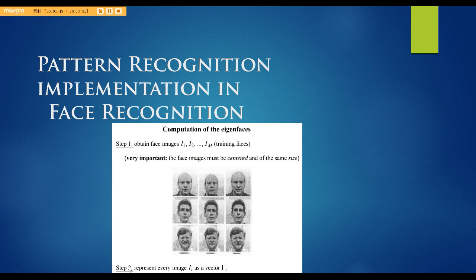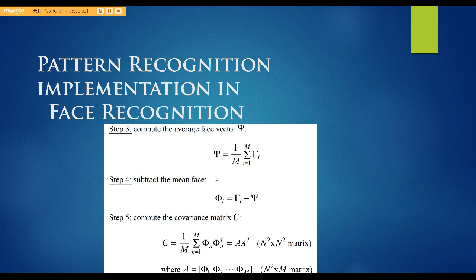The second step is to represent every image I as a vector gamma I. The third step is to compute the average face vector. Here is the equation. Fourth, subtract the mean face.